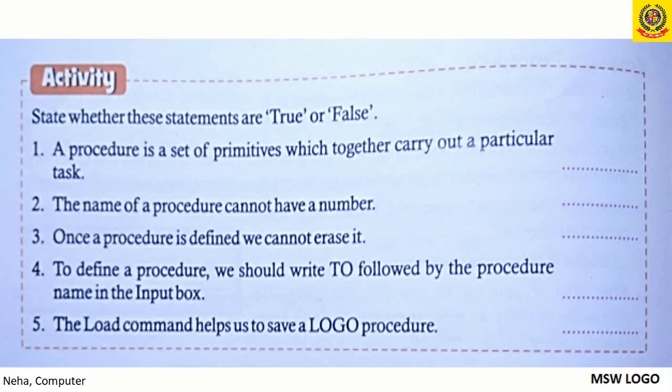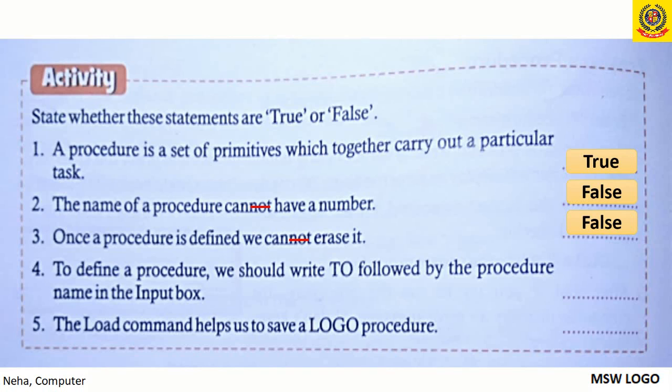Now let's move to the next activity. State whether a statement is true or false. A procedure is a set of primitives which together carry out a particular task. It is true. Second, the name of a procedure cannot have a number. False, because it can have a number. Third, once a procedure is defined, we cannot erase it.